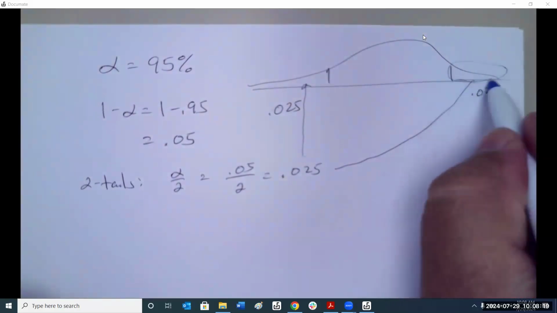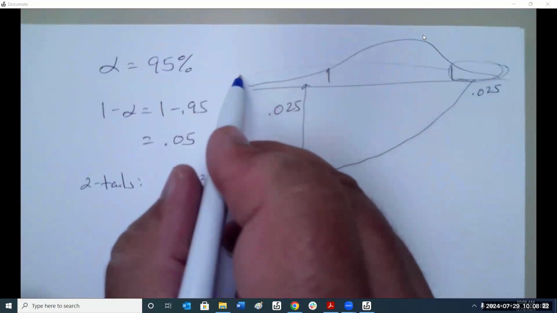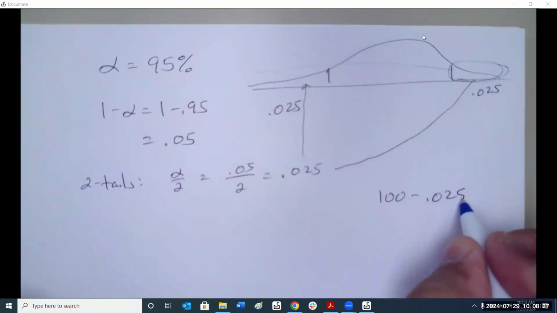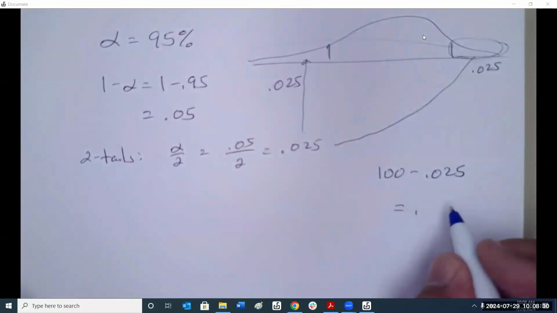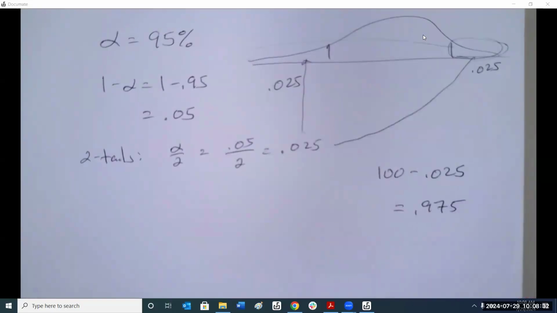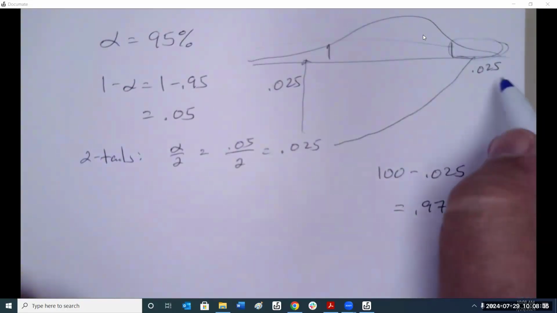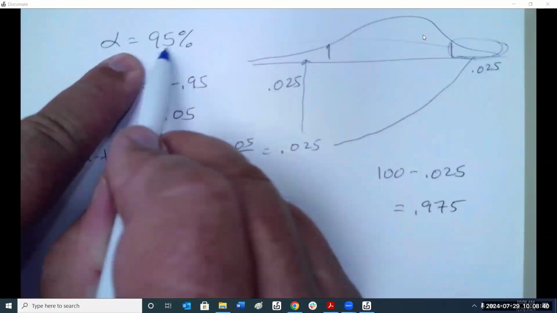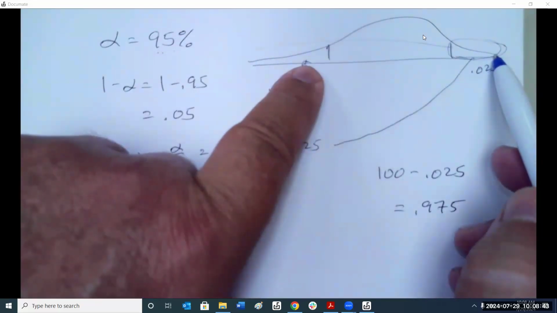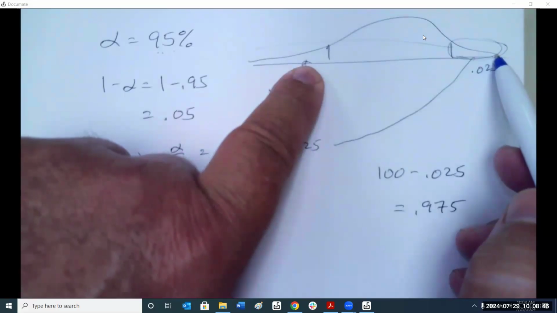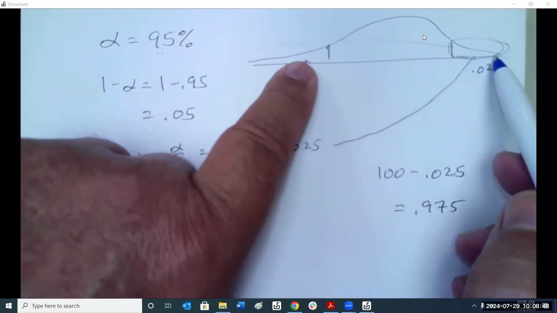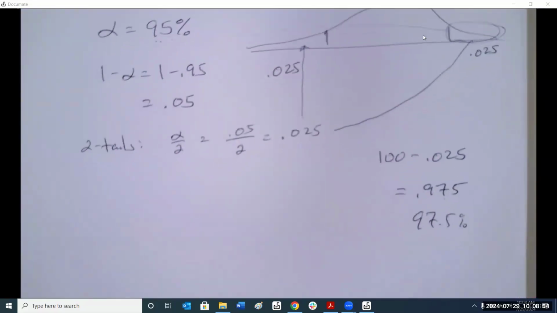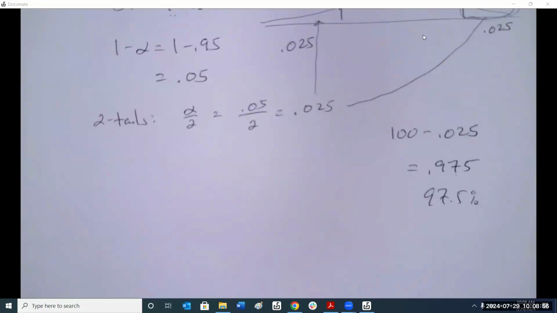So if it's not in this one, the other part is this whole area here. So what is 100 minus 0.025? 0.975. Remember, since we're looking at 95%, we have 5% left over, and half of 5% is 2.5. So this becomes 97.5%. That's how confident we're going to be it's going to happen in there.